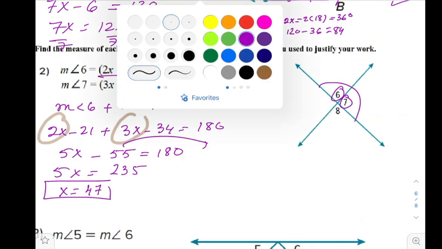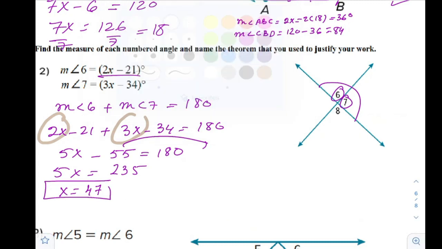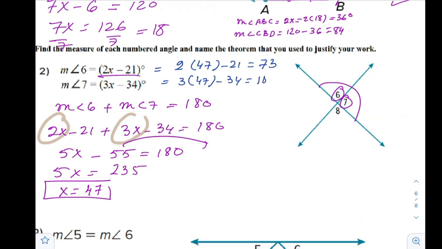You just replace. So it's 2 times 47 minus 21, 73. Here, 3 times 47 minus 34, which is 107. Of course, you can do that by subtracting 180 minus 73. You have the same value.